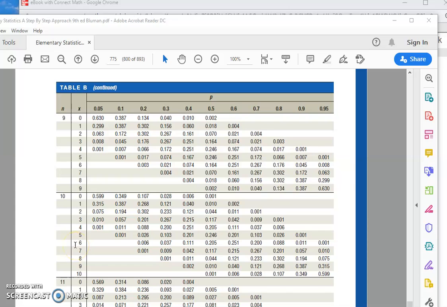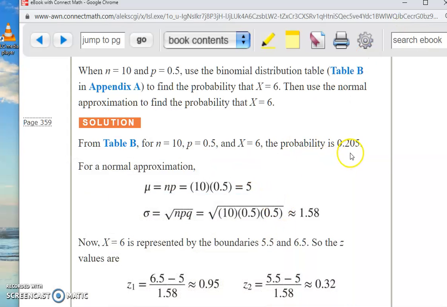The P is given to us as being 0.5. So go across here, 0.5 is right there, 0.205. 0.205 is the probability of getting 6 successes out of 10 trials if the probability is 0.5. Right there, 0.205. So let me close this, and boom, that's exactly what the author said.